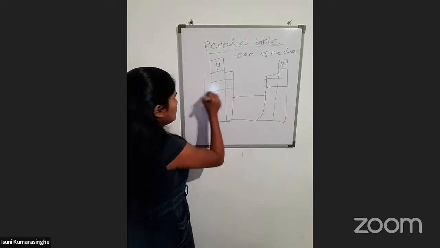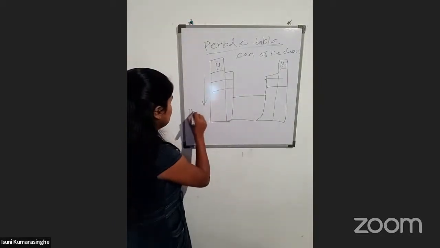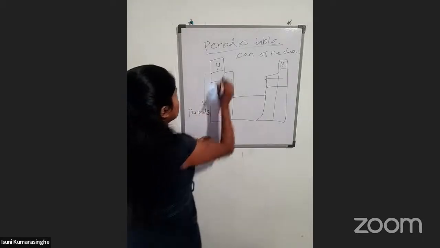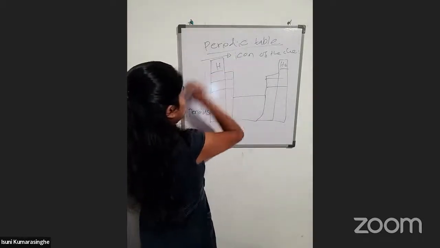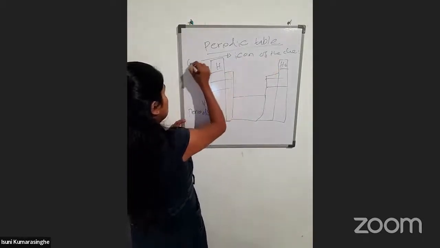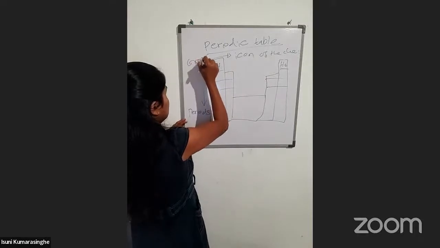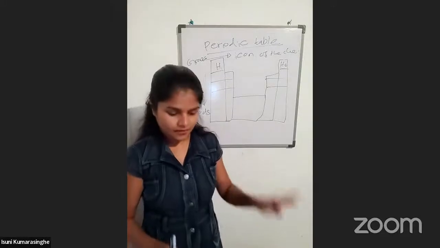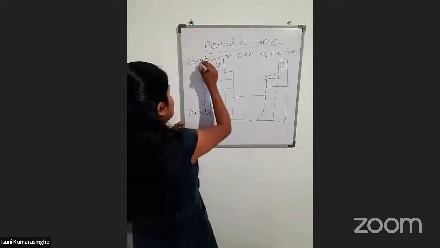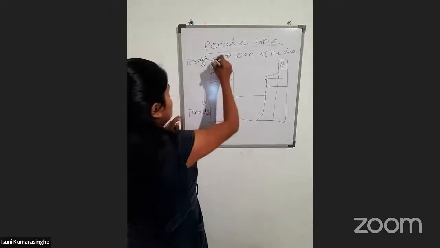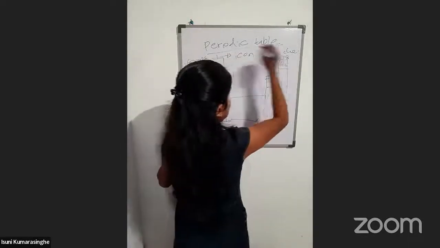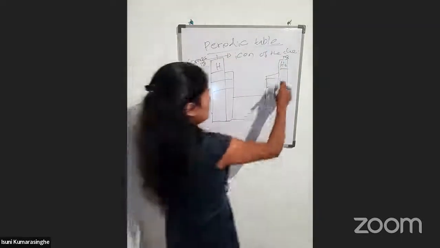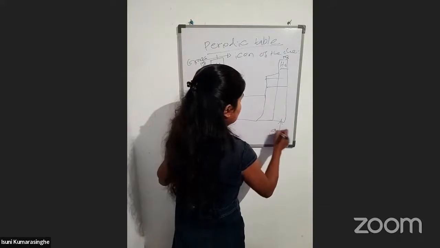Here we have periods, and in this direction we have groups. We are dealing with groups and periods. There are 18 groups, 1 to 18. Here this column are all gases.